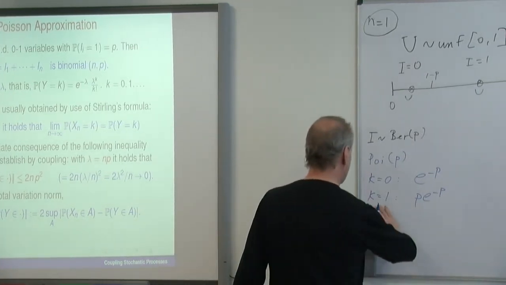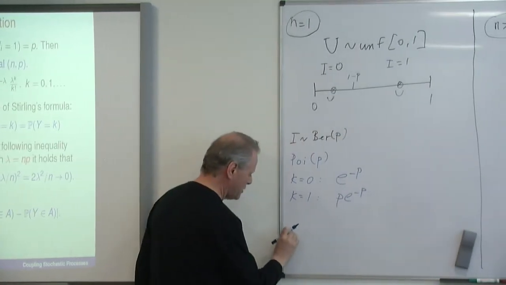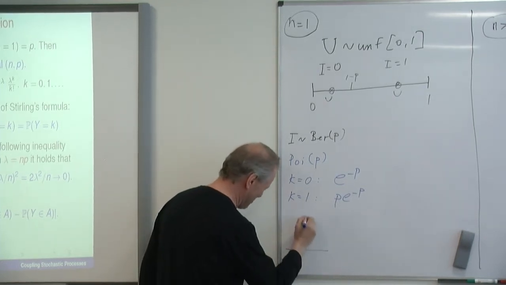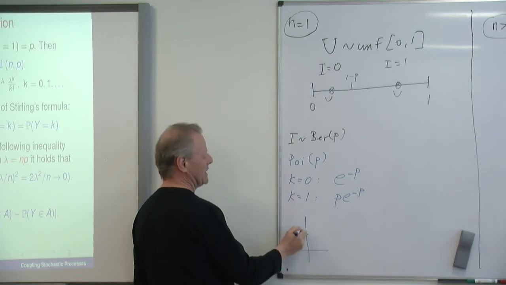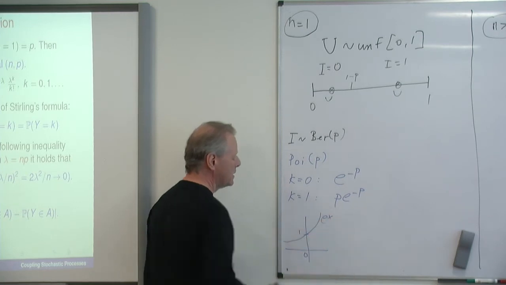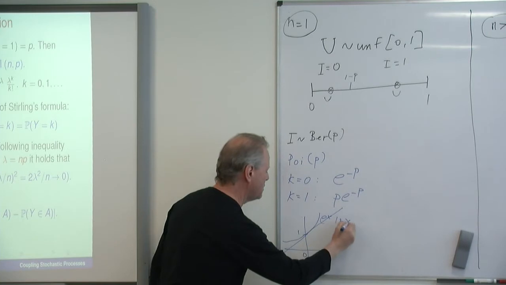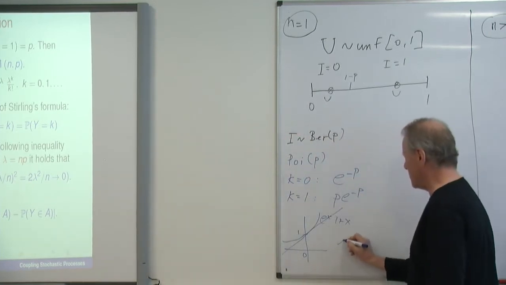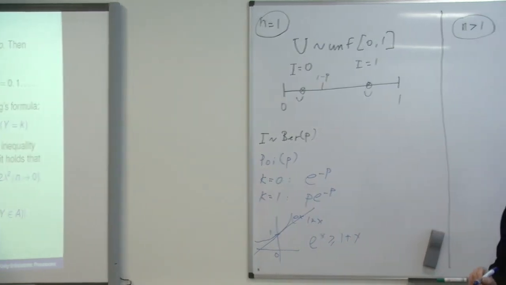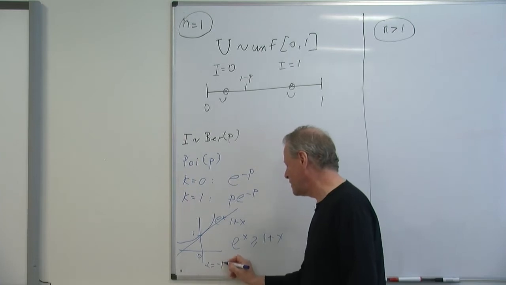And now I have to do it this way. I'm sorry, you will know it immediately what I'm doing, but I don't remember so many things. Okay, so here is the exponential. And here is the line 1 plus x. So, okay, good. This holds for all x. So take x equal to minus p.